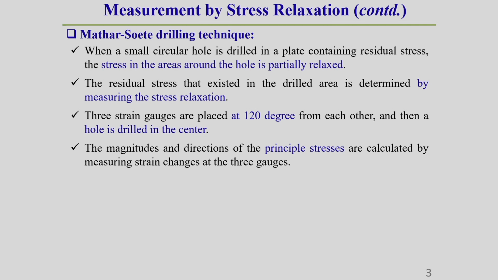Here especially three different strain gauges are placed at an angle of 120 degrees from each other, and then the hole is drilled in the center. In the previous case you observed that the trepanning operation was done outside the strain gauge.